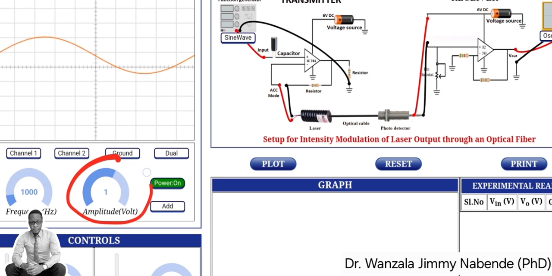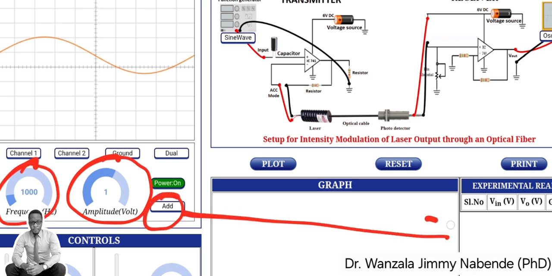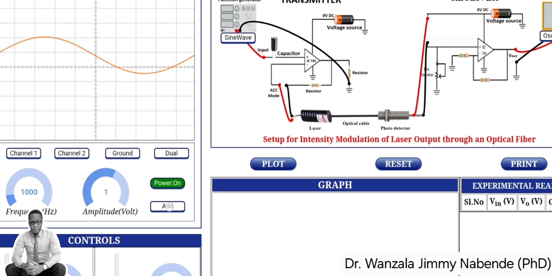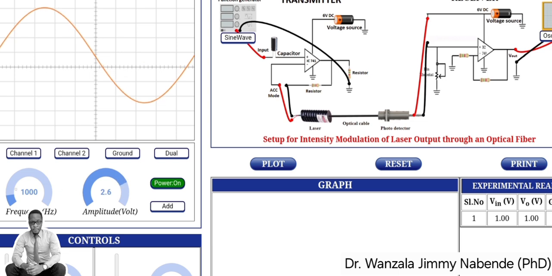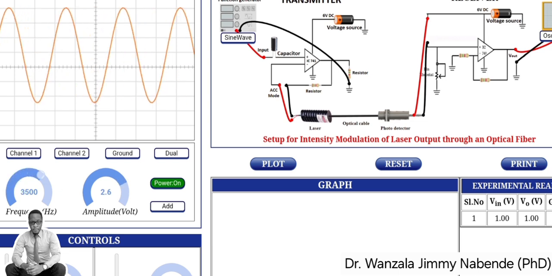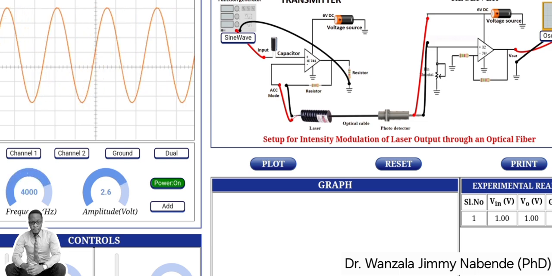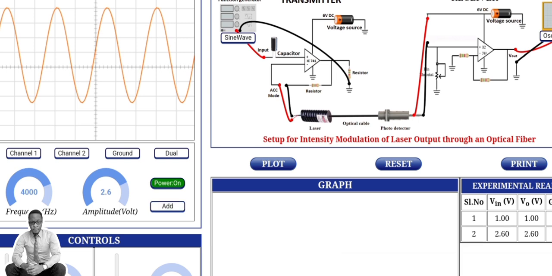What we are seeing here is the amplitude, the frequency, and then the add button, which helps us add values of the input voltage and the output voltage plus the gain. When we add our first value, we get that, so we can adjust the input signal, and then we have different values.